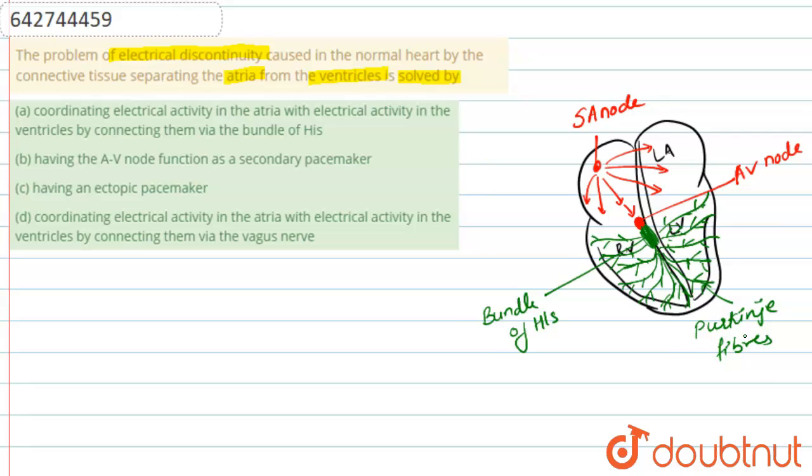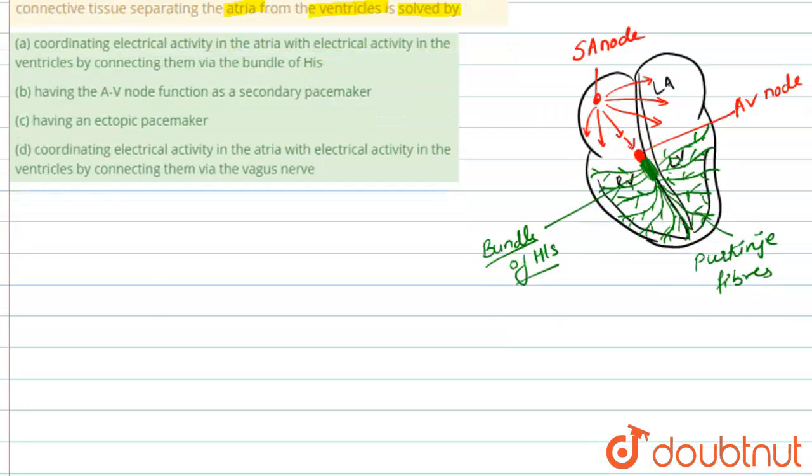So the problem of electrical discontinuity caused in the normal heart by the connective tissue separating the atria from the ventricles can be solved via the bundle of His. Let us write it over here.